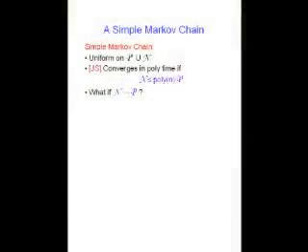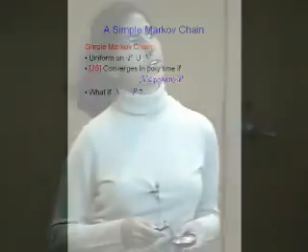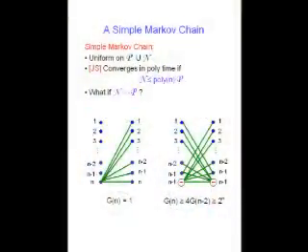Jerrum and Sinclair showed that for degree sequences where the number of near-perfect tables is at most a polynomial times the number of perfect tables, this Markov chain will converge in polynomial time. And because this condition is satisfied, a polynomial fraction of the time we'll be able to see perfect tables. This gives us a sampler. Unfortunately, it's easy to come up with degree sequences where this condition is not satisfied.